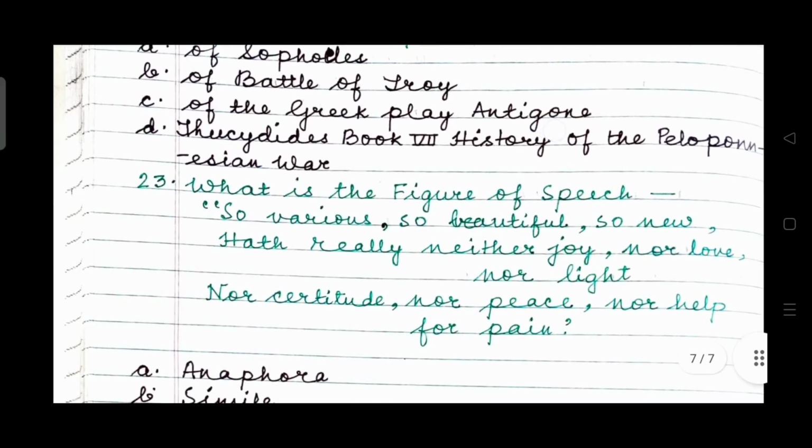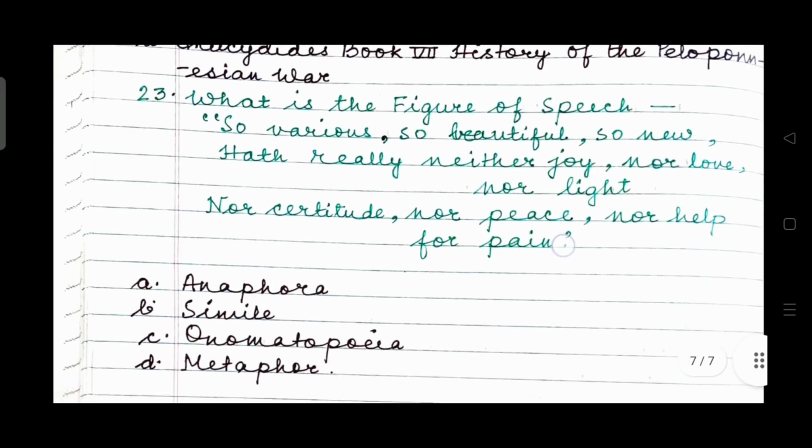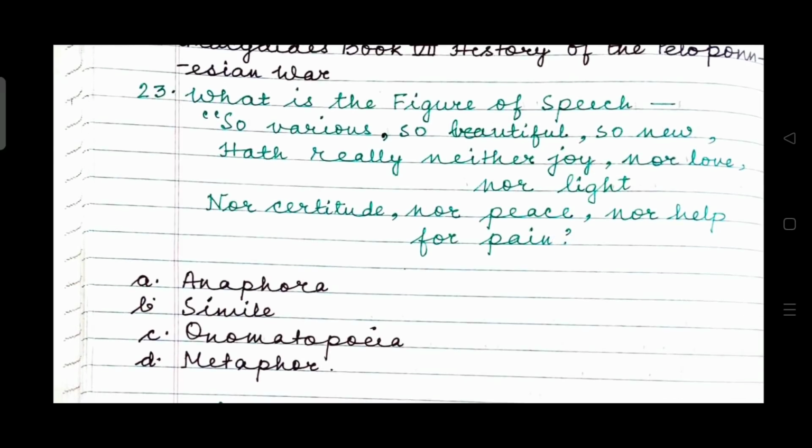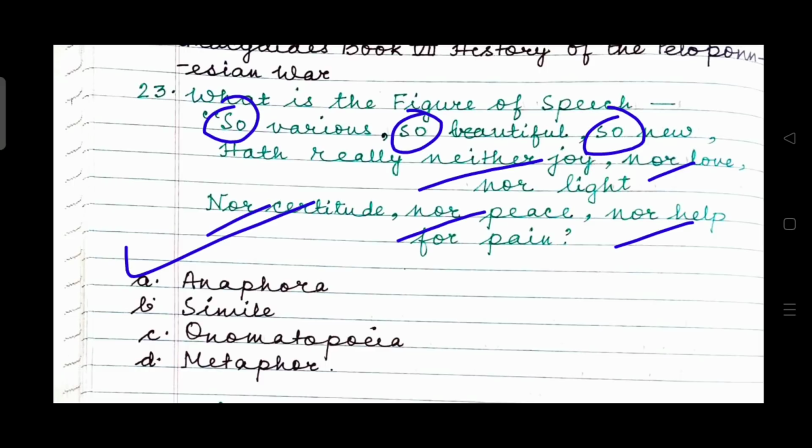Question 23. What is the figure of speech: so various, so beautiful, so new, hath really neither joy, nor love, nor light, nor certitude, nor peace, nor help for pain? Anaphora, simile, onomatopoeia, or metaphor? The right answer is option A, anaphora.